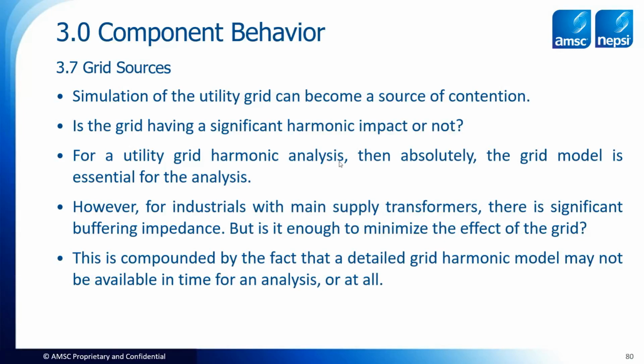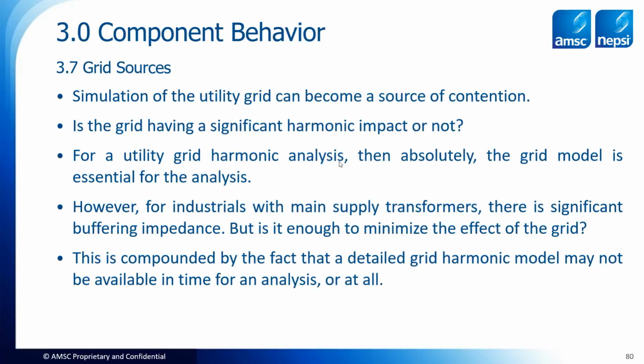For a utility, okay, so let's say you're a utility and you're doing a grid analysis. Well, then absolutely, you'd better model a good portion of that grid, and it's essential for your analysis. However, for industrials with a main supply transformer, that's a significant amount of buffering impedance. And the question is, is that buffering impedance enough to minimize the effect of the grid where I don't have to really think about it?